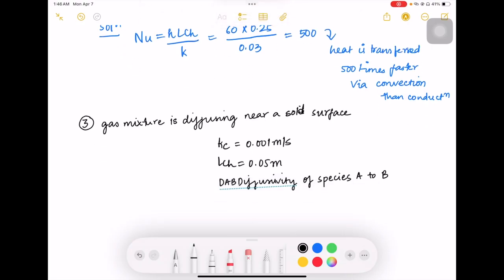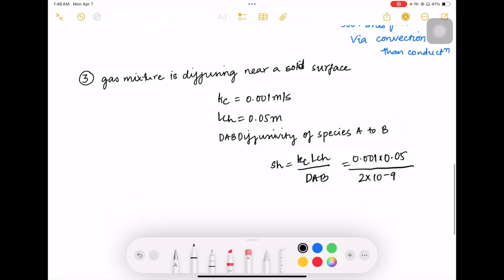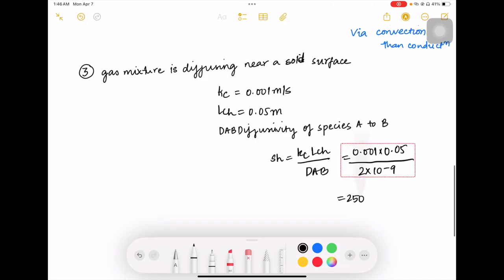So now, continuing the problem, we have the Sherwood number SH as Kc into LCH divided by DAB, which is 0.001 into 0.05 divided by 2 into 10 to the power minus 9. We get 25,000.